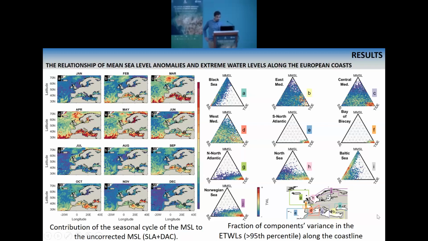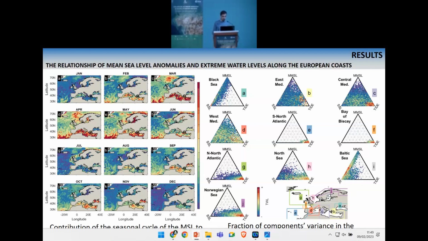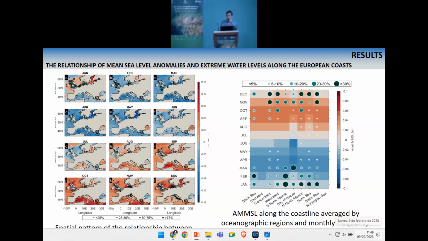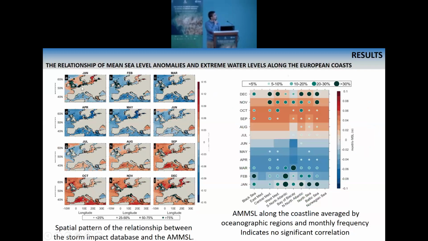If we look at the monthly mean sea level in the Baltic Sea, in this area, looking at the extremes, the contribution of the mean sea level can arrive at 30 to 40%. This is the plot that we created, overlapping the different impacts with the climatology of the monthly mean sea level.